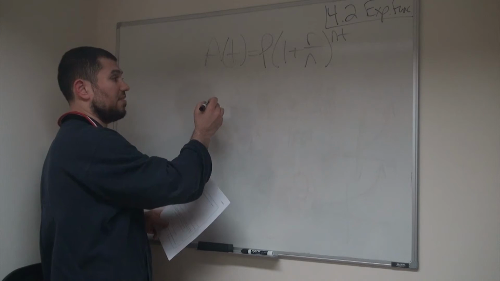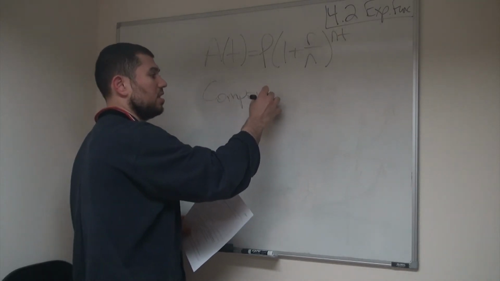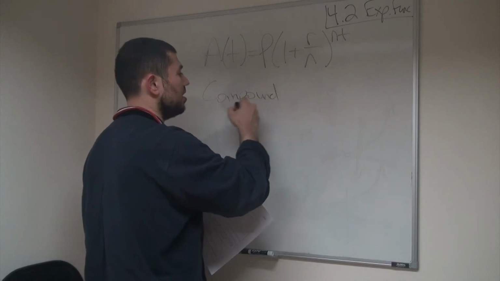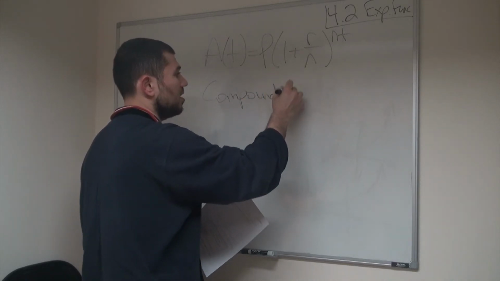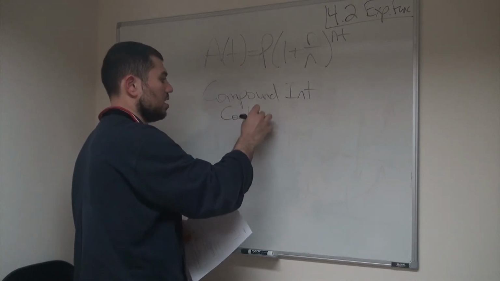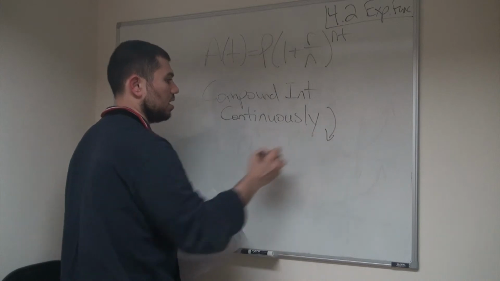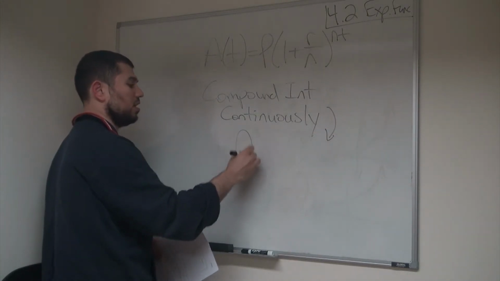The formula you'd have to use for compound interest, which again is on your slide, if they say interest is compounded continuously, you have to use a different formula.